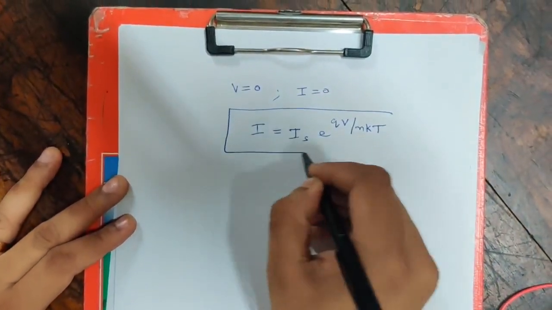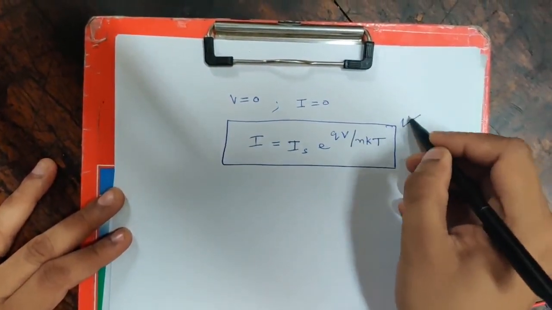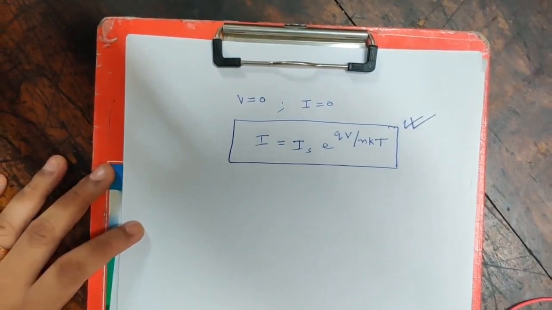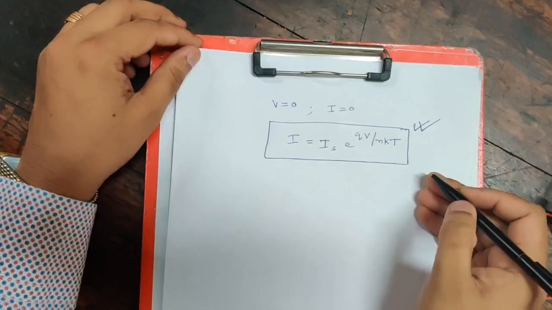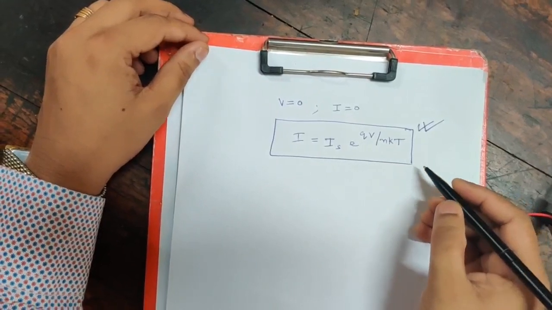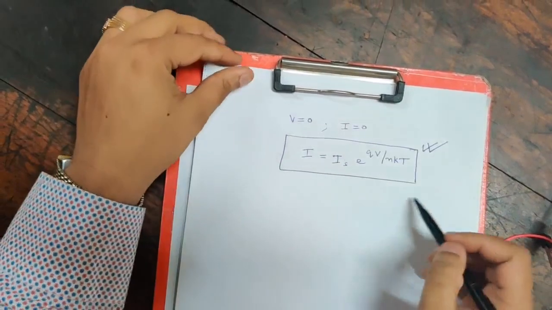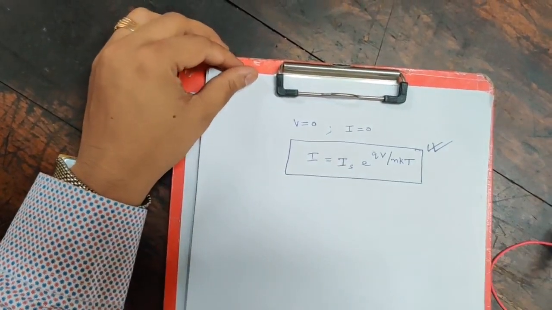This equation we are going to use to calculate the Boltzmann constant. All right. So here we have neglected 1 because of the high value of this exponential term, right?